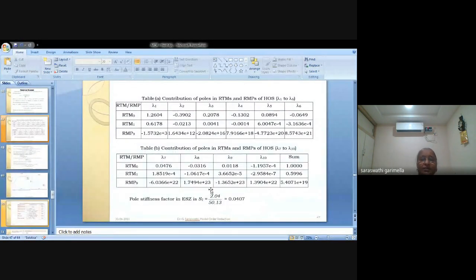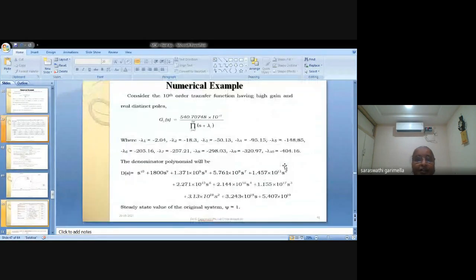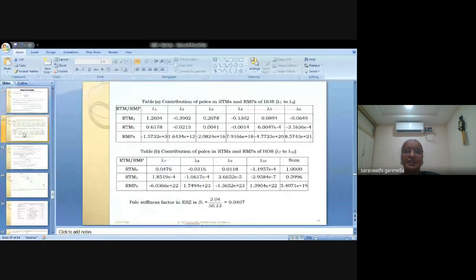So I considered only 3 poles in the zone. I forgot to mention that line here maybe, but I considered only these 3 as the eigenspectrum zone, because only these 3 are having the contribution here. If you see here, lambda 1 has the highest individual contribution, and this is the lowest, which I can neglect, and this is 0.0, 0.0, 0.0.